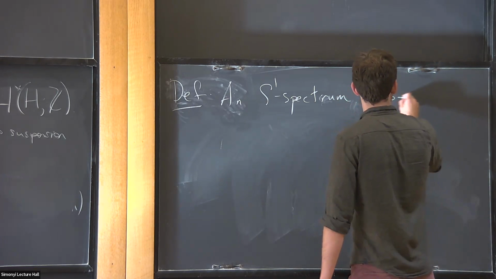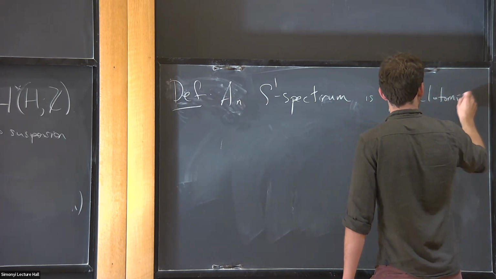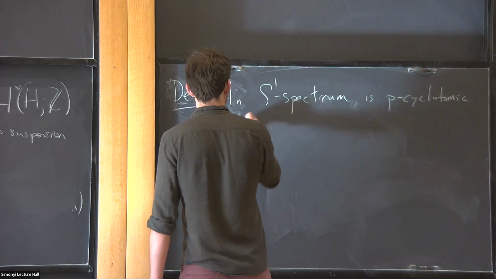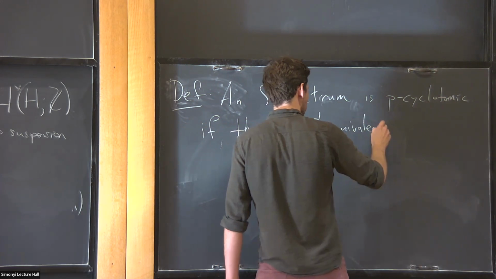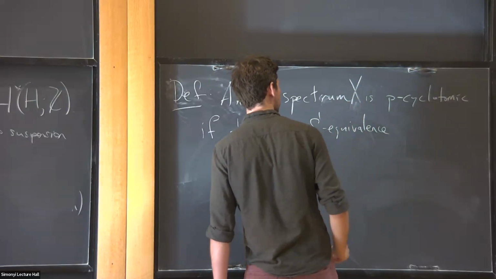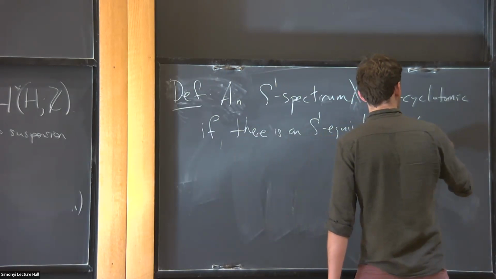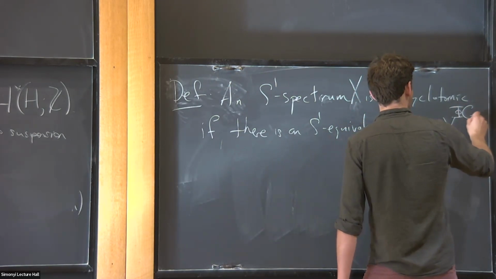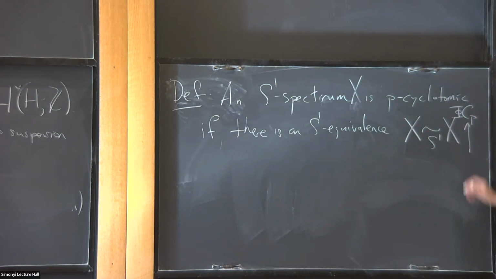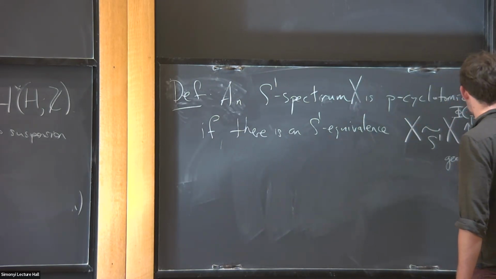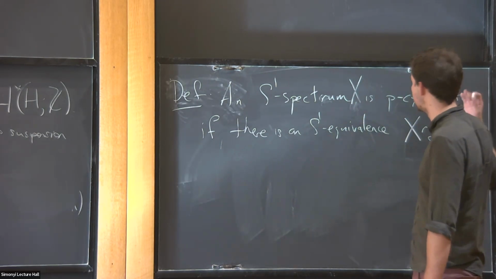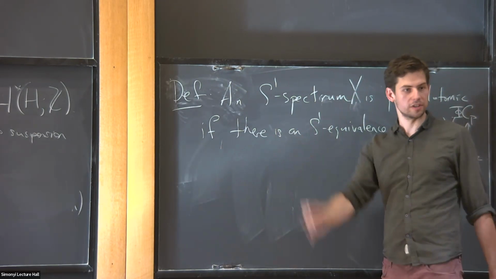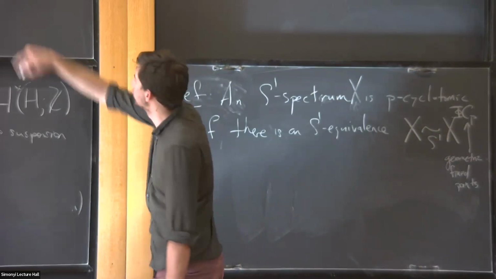X is cyclotomic if there is an S1 equivalence from X to its Cp fixed points. And these are geometric fixed points for people who know what that is. This notion uses some geometric model of spectrum, but for spectra that come from spaces, it literally is just about taking the fixed points. This is a generalization of the usual fixed point functor.